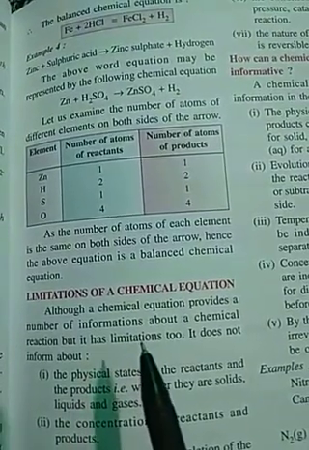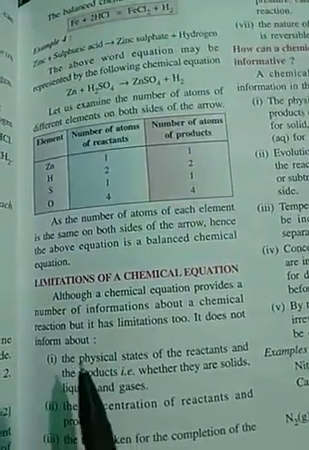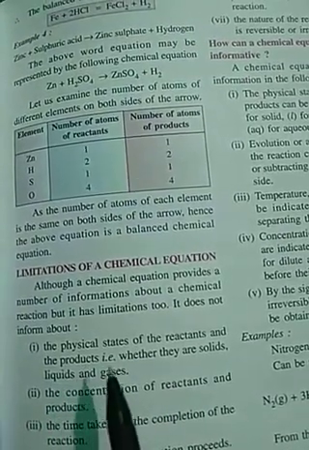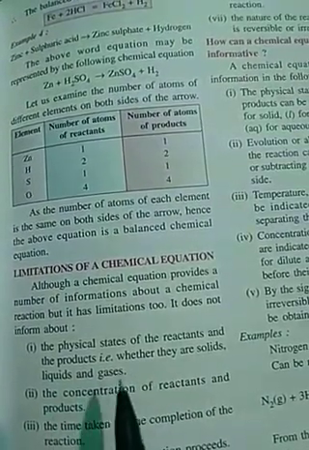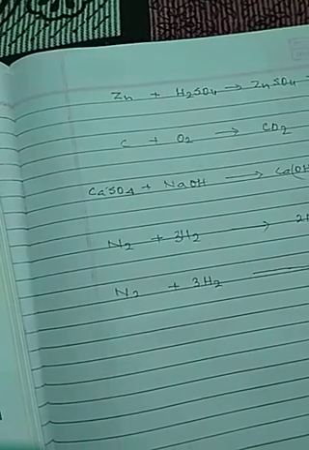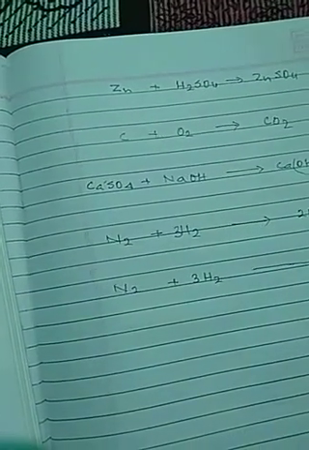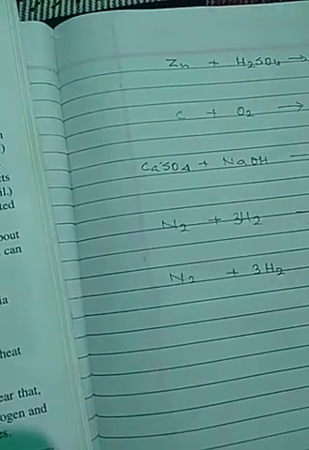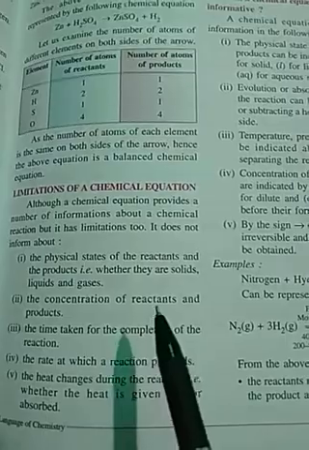It does not inform us about the physical state of reactants and products, whether they are solid, liquid or gas. Can you say whether calcium sulfate is solid, liquid or gas? No. Many of you know, but most of the students do not know. Then the concentration of reactants.